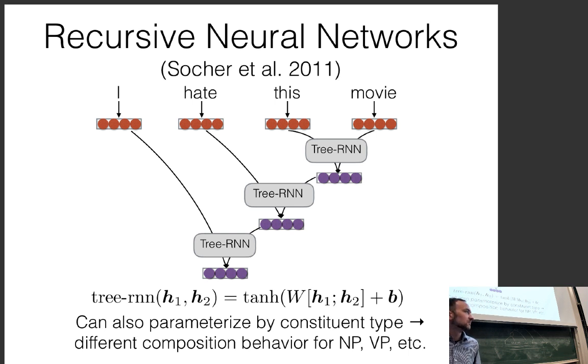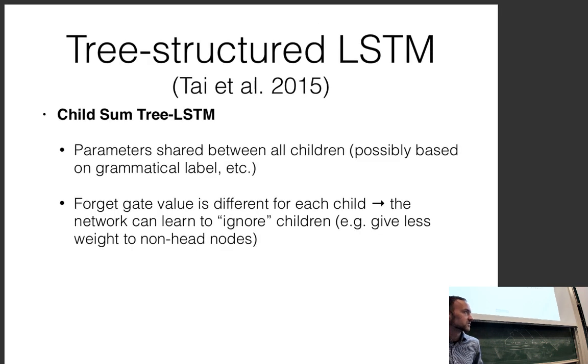So if this vector somehow encodes the fact that this is a highly negative constituent, it could say, look, I don't care who's doing the hating. All I care about is hating. So it would set the forget gate to all zeros for this one, and set the forget gate to all ones for this one. So it would just pay attention to the right constituent. So this is something that the child sum tree LSTM can do.